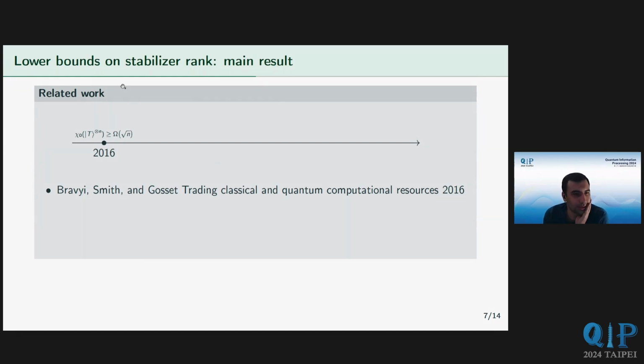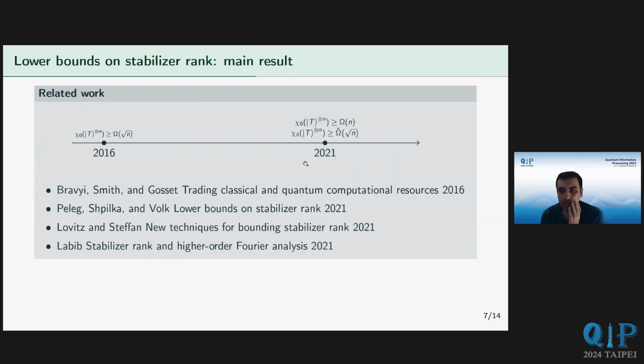In 2016, there was this lower bound of square root n on the stabilizer rank of T to the n by Bravyi, Smith, and Smolin. And then in 2021, there were three works that established very similar lower bounds. For the exact rank, they proved a linear lower bound, and for the approximate rank, they proved a square root n lower bound.